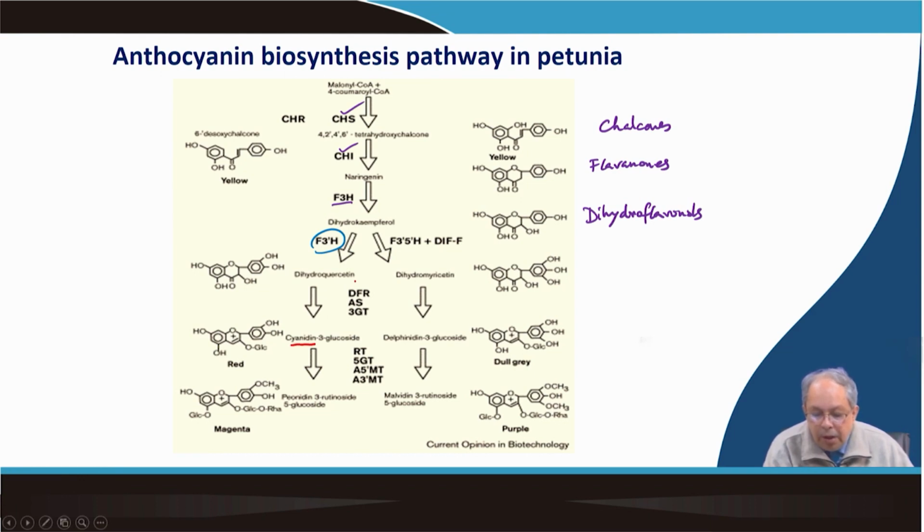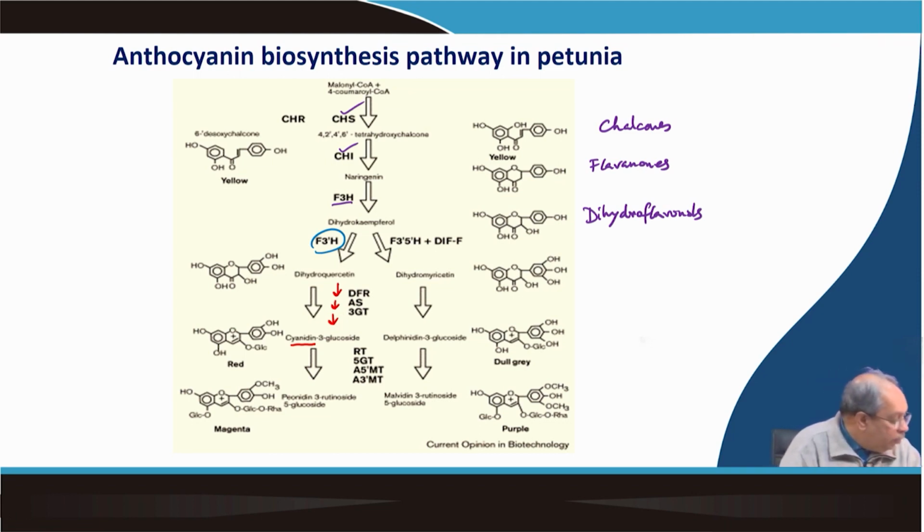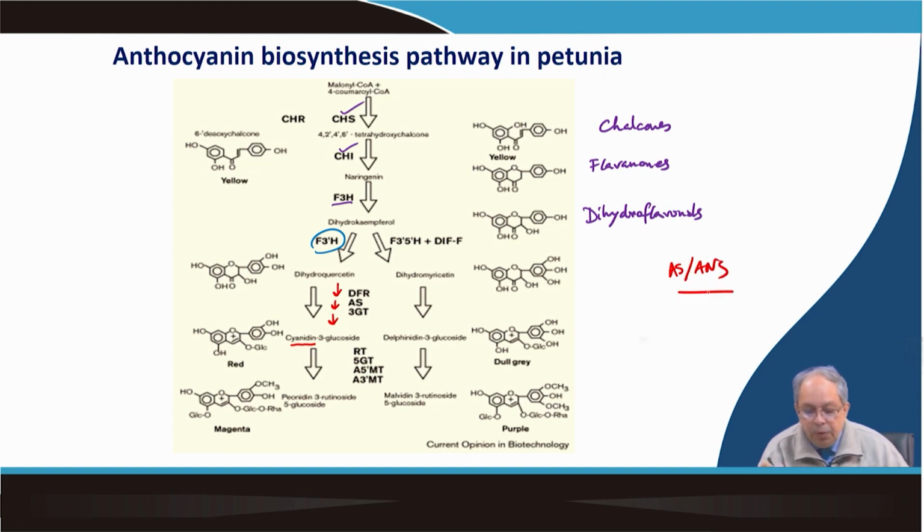But for cyanidin, this is shown in one single step, actually 3 different steps are involved. The first one is DFR. DFR converts dihydroquercetin to leucoanthocyanidin, which I have shown in the previous slide, and then leucoanthocyanidin by anthocyanidin synthase, AS or ANS, which is the same, makes the cyanidin.